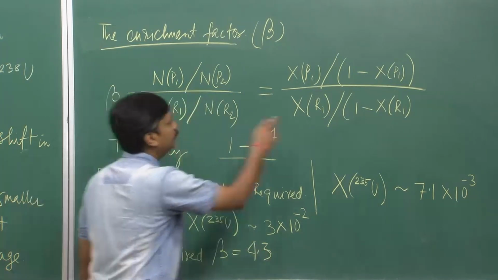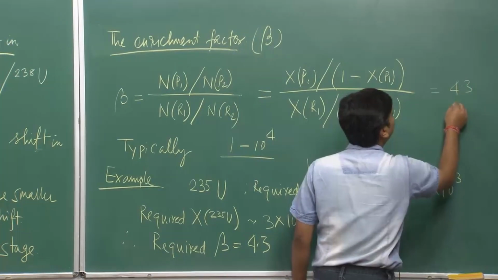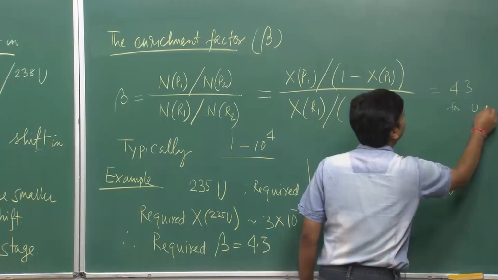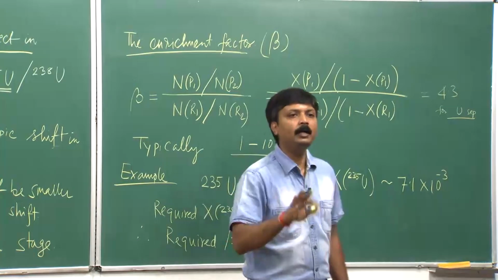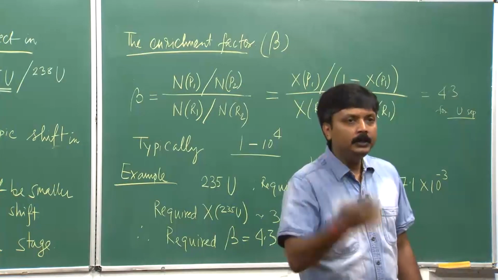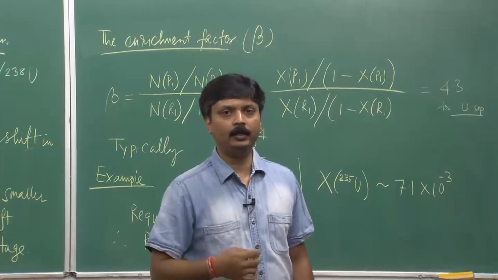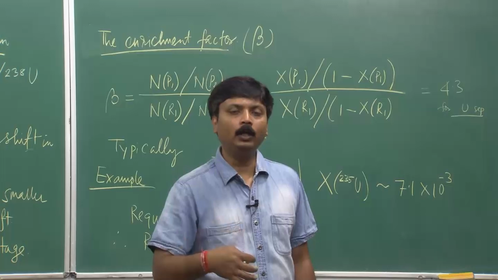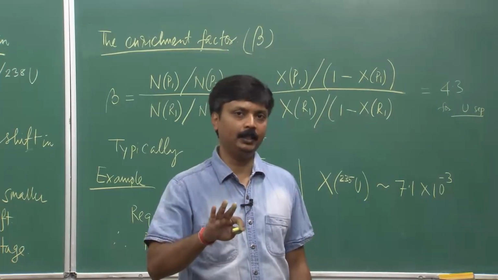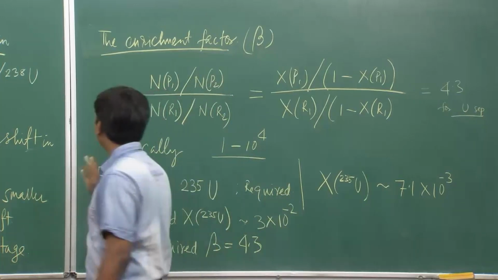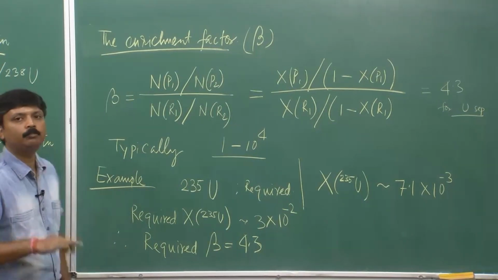So, when beta equals 4.3 for uranium separation, I am ready to use that uranium 235 in my reactor as a fuel, and we call that having enriched the uranium 235 sufficiently. So, this is one of the very nice examples of utilization of isotope separation.